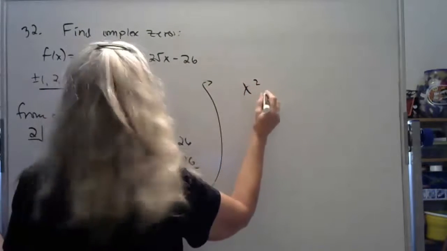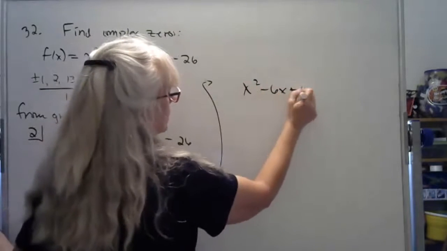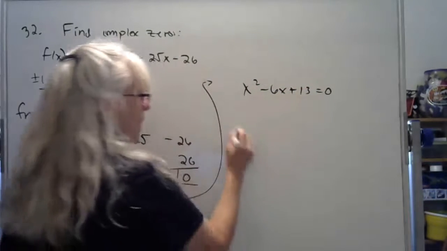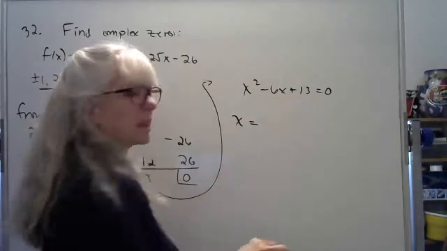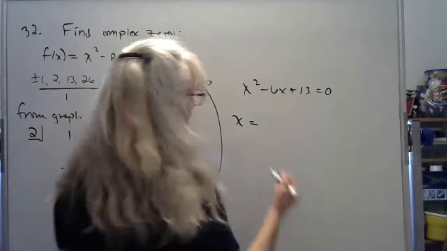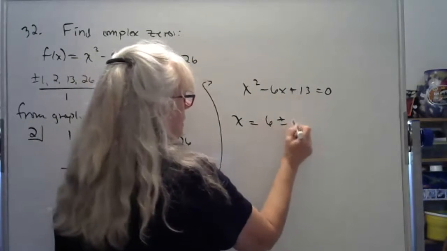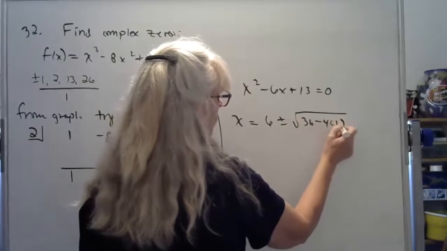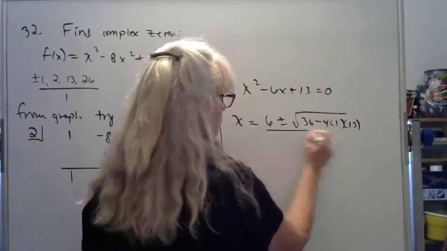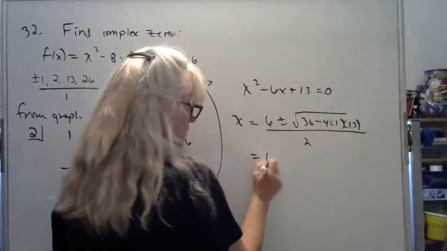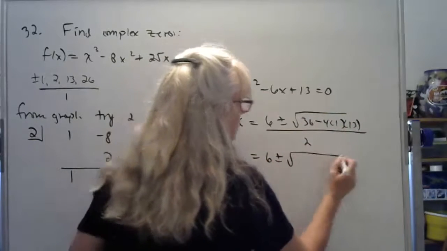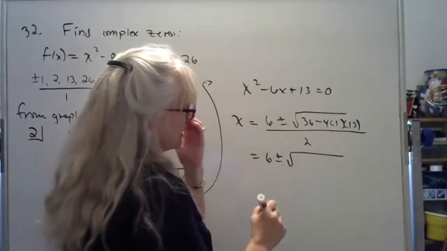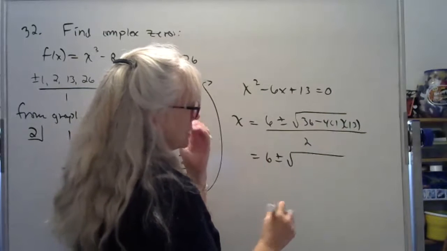So that's x squared minus 6x plus 13 equals 0. And then you'll go to the quadratic formula, one of the few places you need the quadratic formula. So 6 plus or minus the square root of 36 minus 4 times 1 times 13 all over 2. So 4 times 13 is 52.